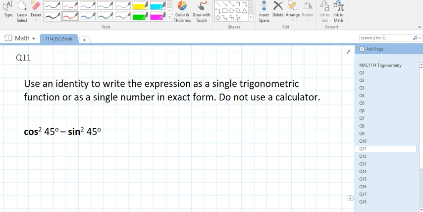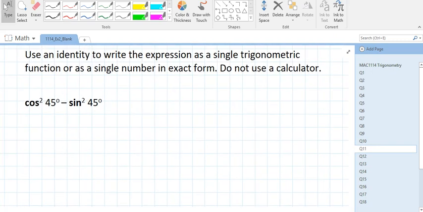So, they want you to write the expression as a single trig function or as a single number in exact form. Don't use a calculator. They're trying to trick you on this. They're trying to show you that this is squared, this is squared. Okay? What does a square really mean?